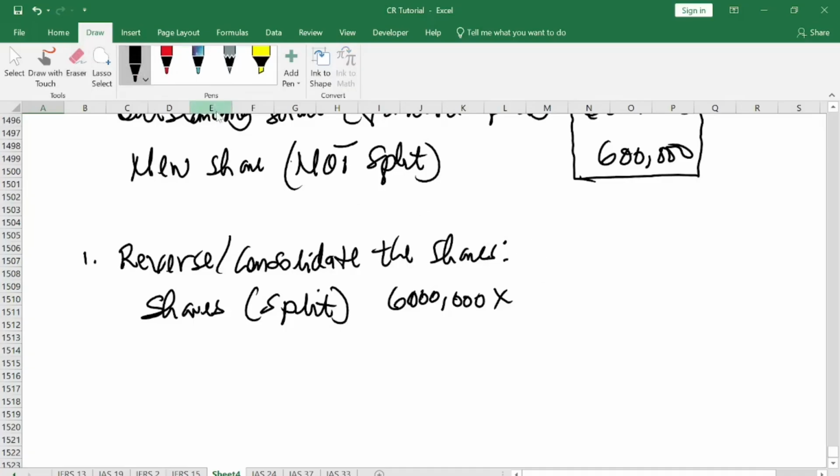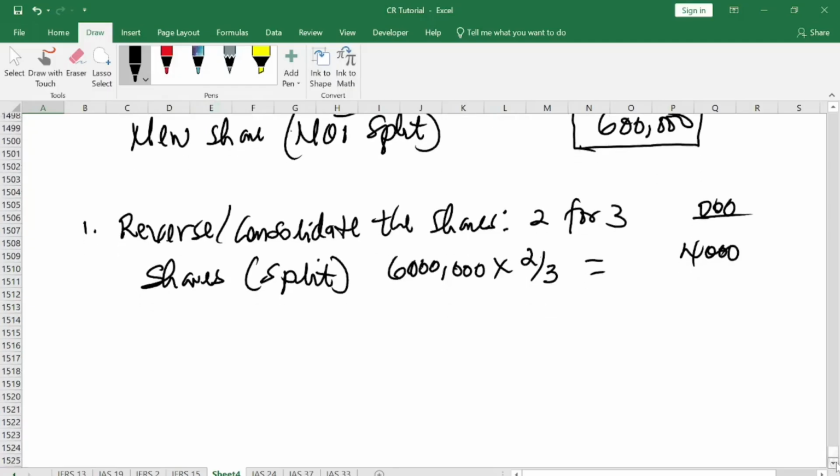When you reverse it, you will get 4 million, which is 4,000 with three zeros. So now you have reversed it.